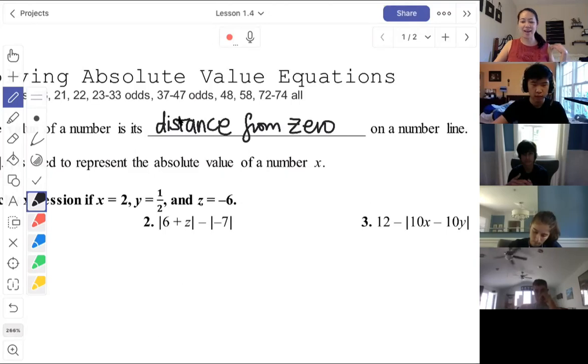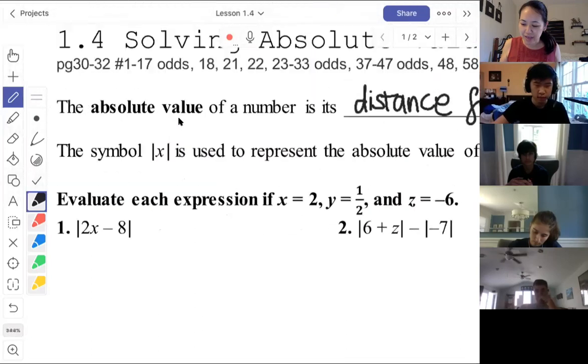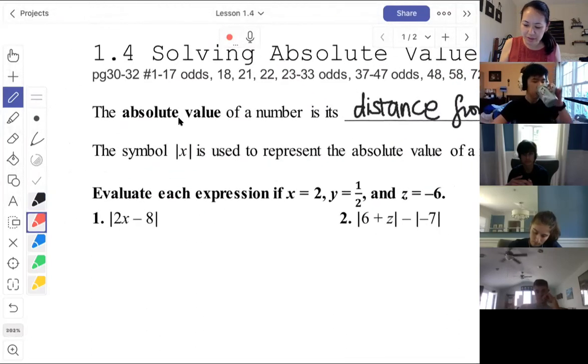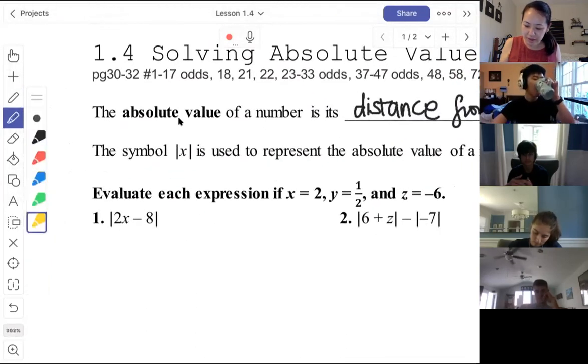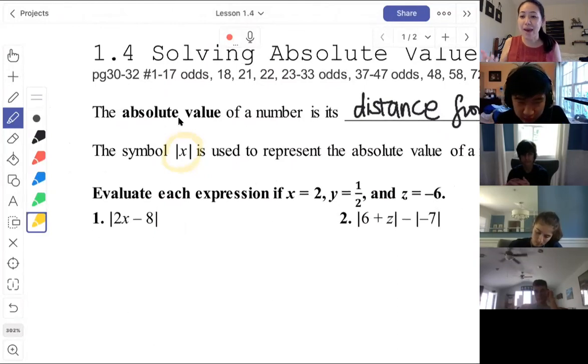So that's what an absolute value actually means. Now you know the symbol is this, 2 bars around it. When we do PEMDAS or GEMDAS, absolute value is its own grouping symbol, so keep that in mind when we get into some simplification.